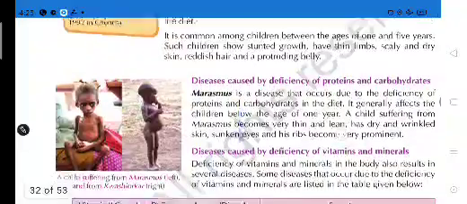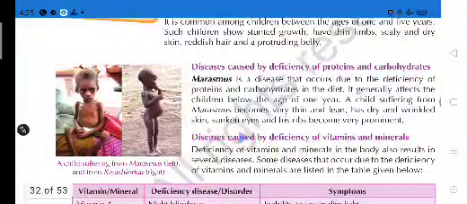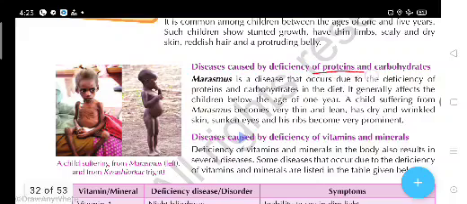After kwashiorkor disease, there is another disease which is caused due to the lack of protein and carbohydrate. Marasmus is a disease that occurs due to the deficiency of proteins and carbohydrates in the diet.